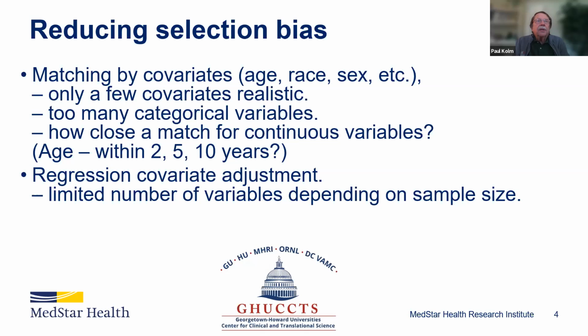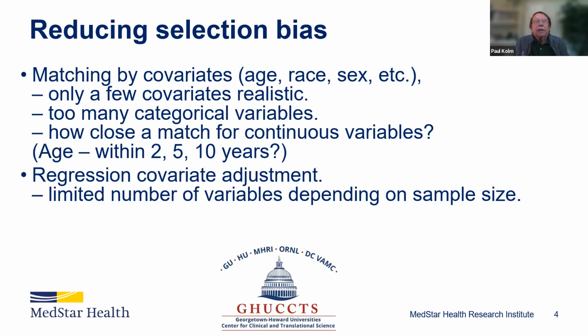Because the problem is that the more covariates you include, like age, race, sex, and so on, you have too many categories. That is, you may not end up with enough patients in one particular category.